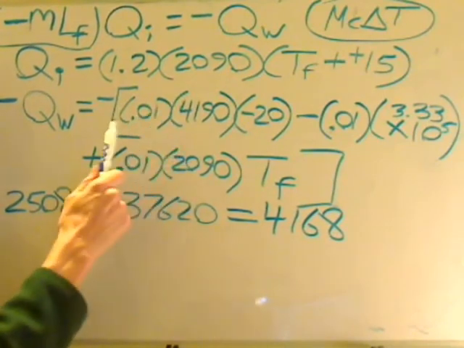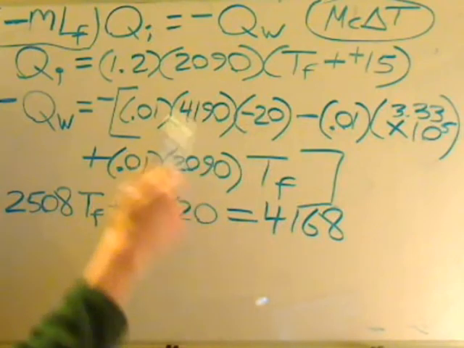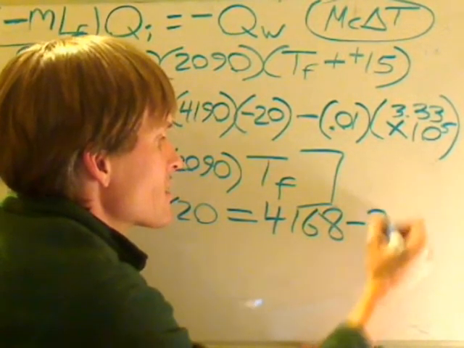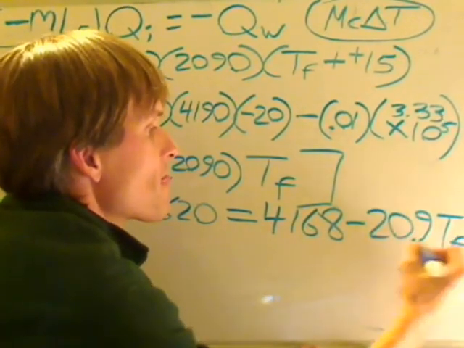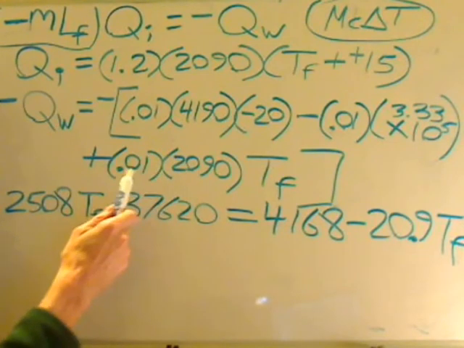That's what you get when you do this and this, and then take the negative of that whole thing. 20.9 is that times that.